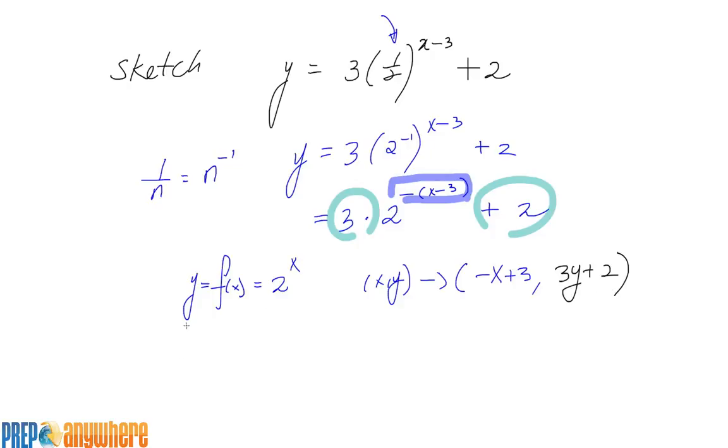The original points on 2 to the power of x are (-1, 0.5), (0, 1), (1, 2).